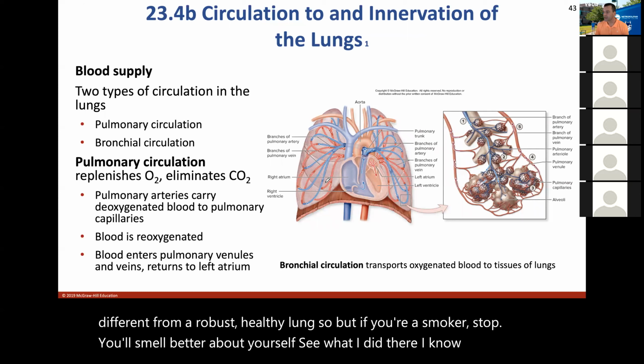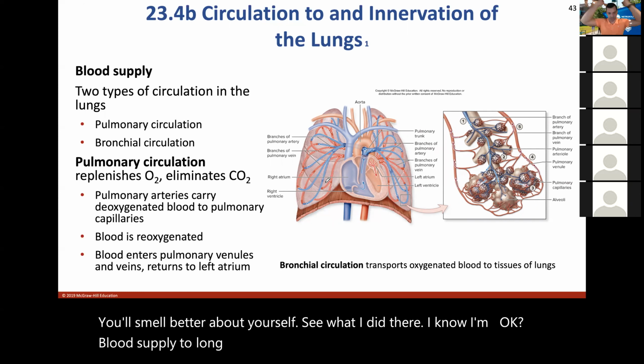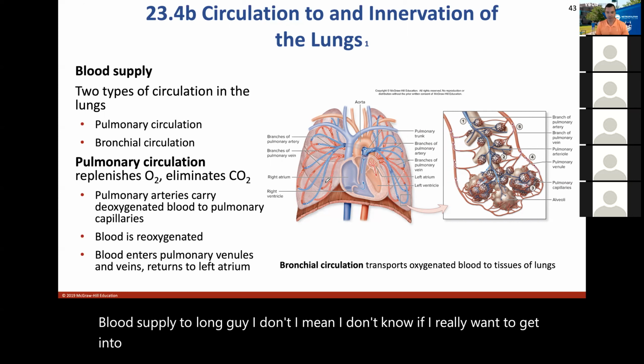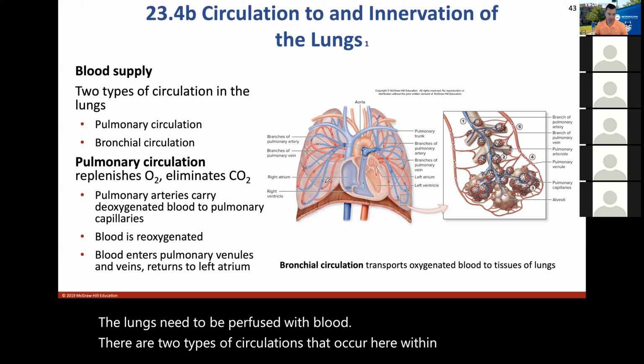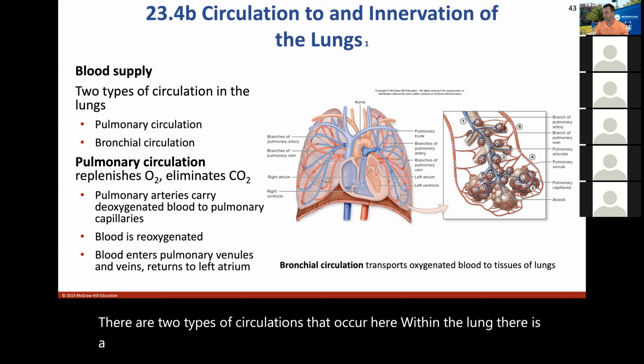Okay. Blood supply to the lung. The lungs need to be perfused with blood. There are two types of circulations that occur here within the lung. There is a pulmonary circulation that's going to be involved with exchange of gases.